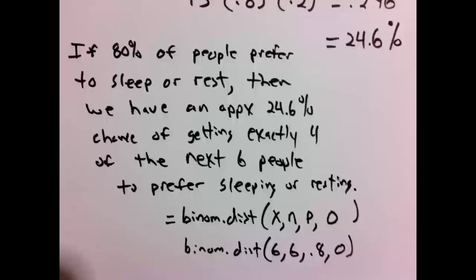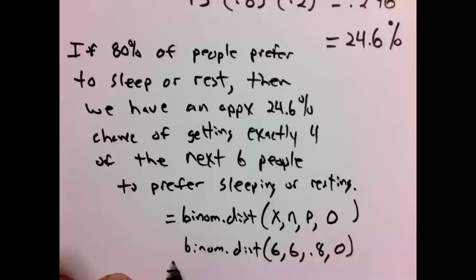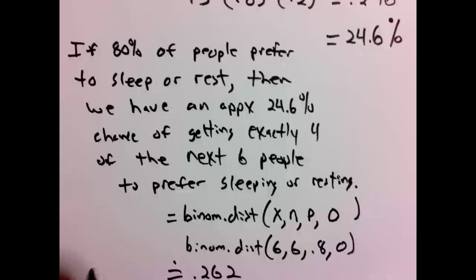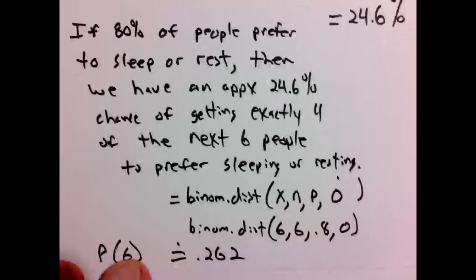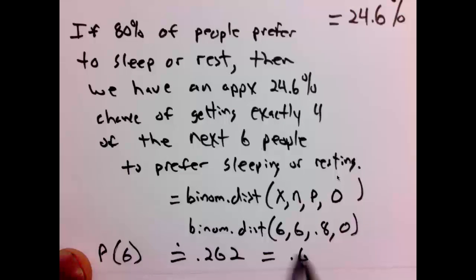If you do this, it's going to return .262. Okay, this is the probability that X is 6. That is, every person prefers to sleep. This is also the same as 0.8 to the 6th power.